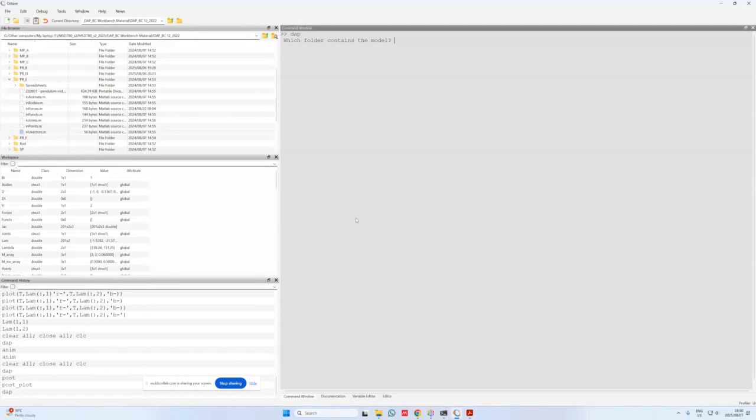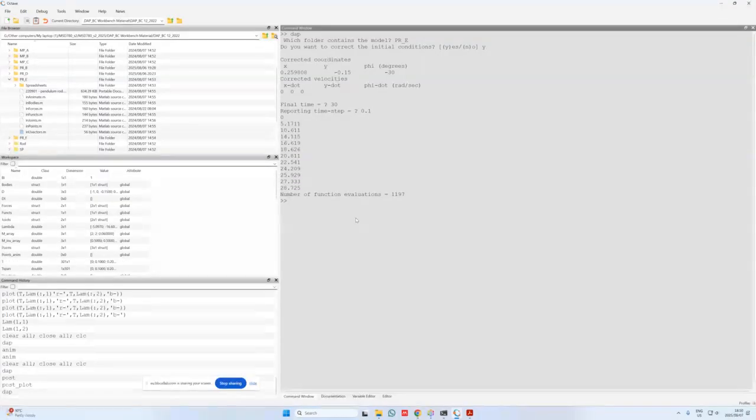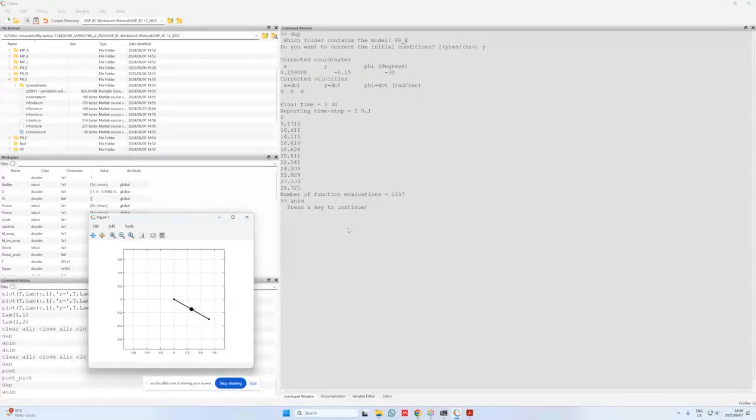If I type in DAP, I'm going to say I'm now working with PR_E. Yes, I want to correct the initial conditions. The final time I'm going to make a bit longer, so let's use 30 seconds in this case, and a reporting time step of 0.1. It now ran for 1,200 function evaluations. So now I can quickly do an animation and see what happens to the system.